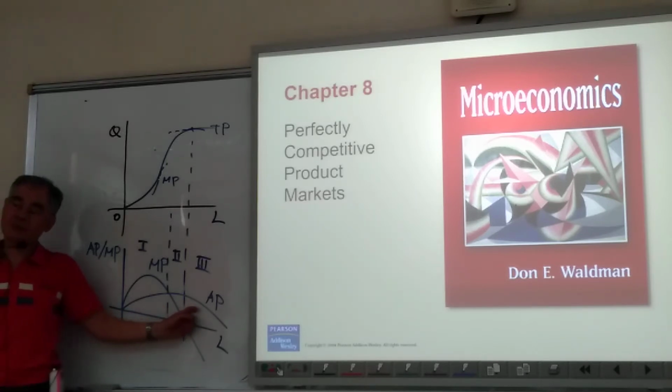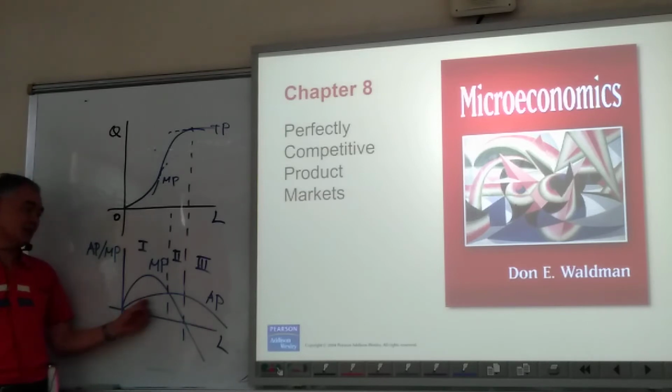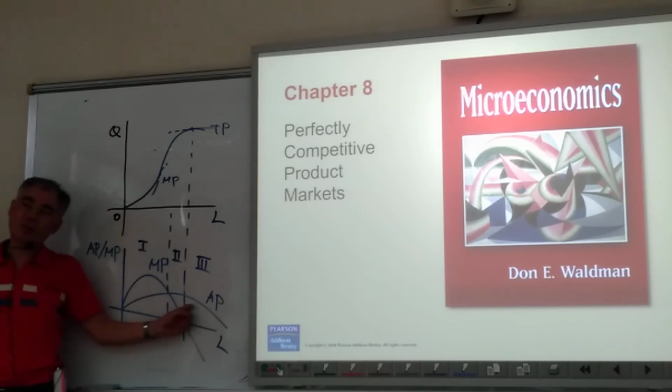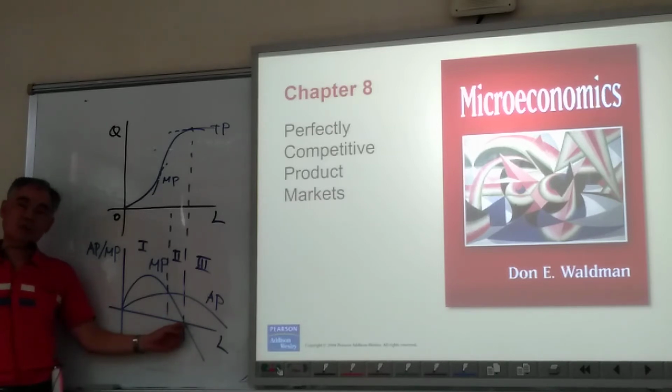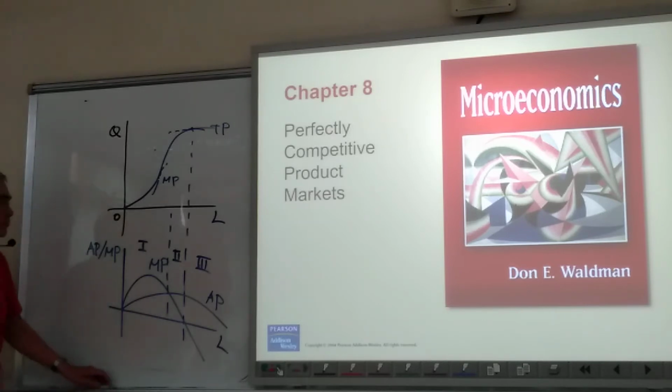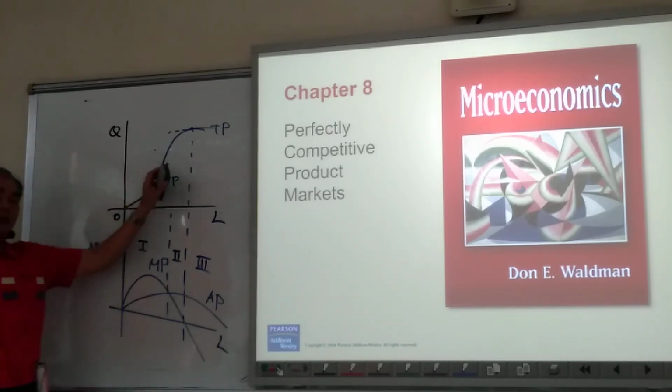The reason is very simple: you have to pay for labor and capital, so your cost is positive, but your return is negative. So production is never at the third stage. Basically that's what we have for production.